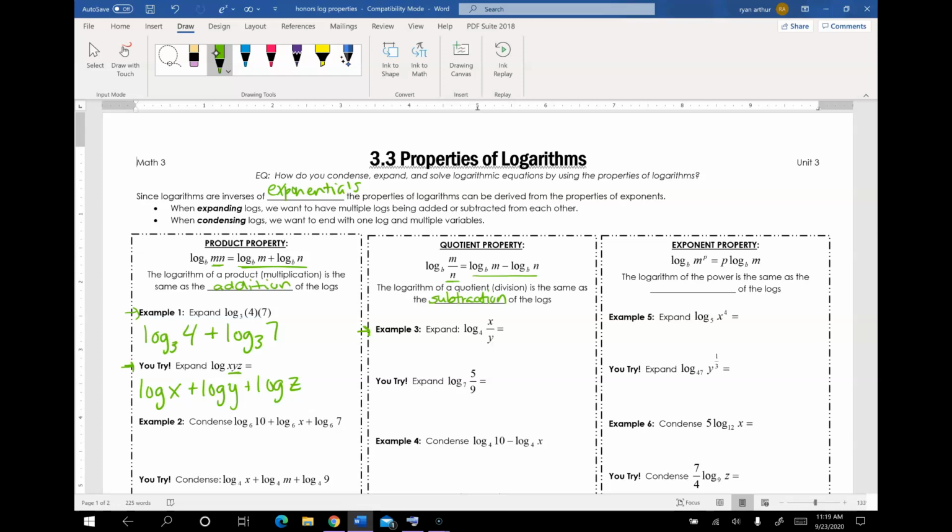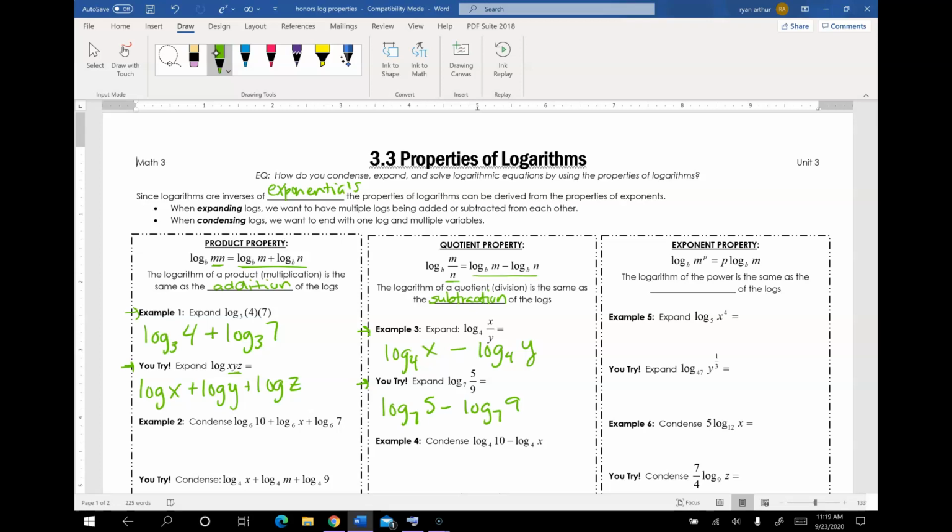There are 2 components there. So I'm going to separate it with 2 logs. And since I am dividing these 2 logs, it's going to be a subtraction. Okay, same thing with the you-try. When I expand this, because they're being divided, I'm going to actually end up subtracting those 2 logs.